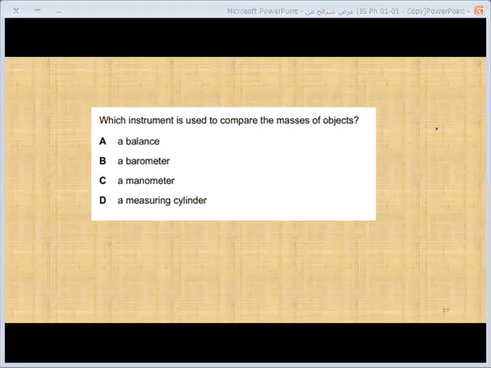Let's choose, for example, Muhammad Ahmed. I unmute you. Muhammad Ahmed. Okay. Go ahead. Muhammad.